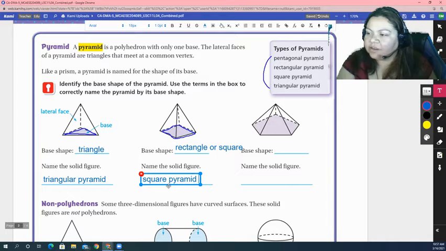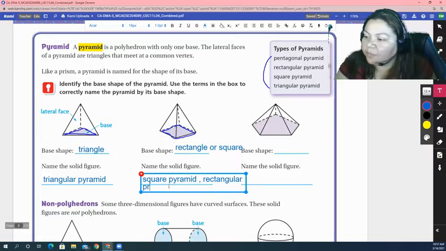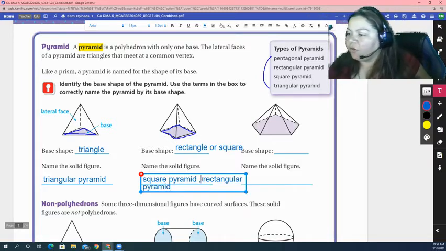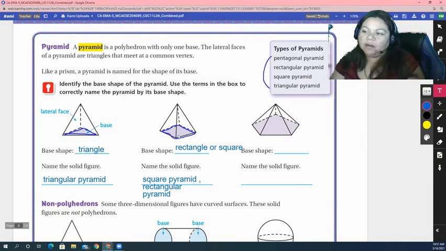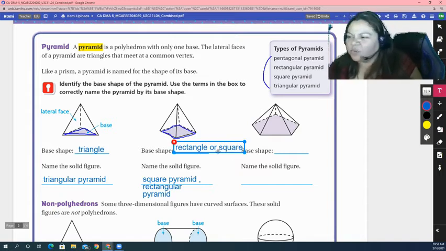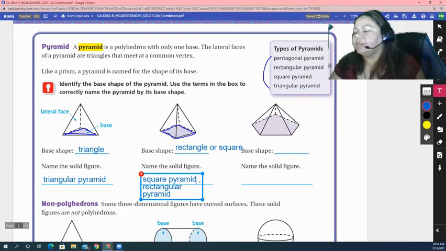If the sides are not congruent on the shape, then this would actually be a rectangular pyramid. My bad. So it could be either or. In this case, that would be hard to tell. We don't know. It looks more like a square, right? I agree. Square pyramid, I think. I'm more pro to that.